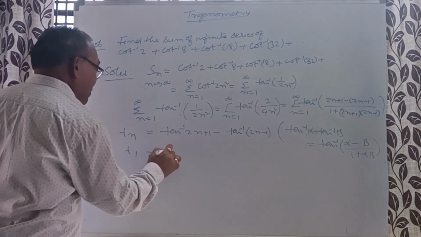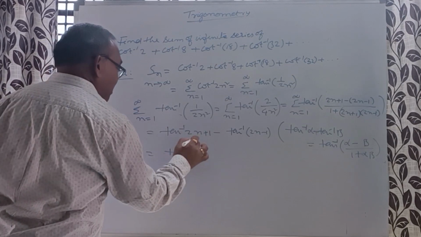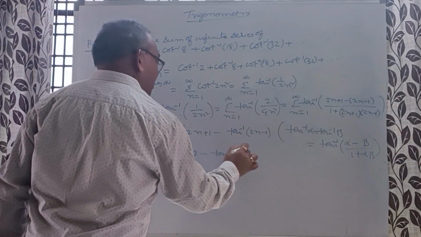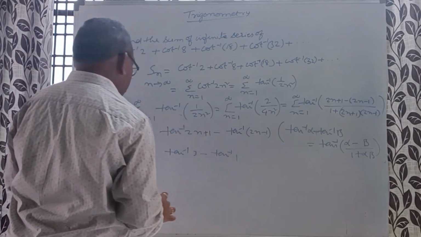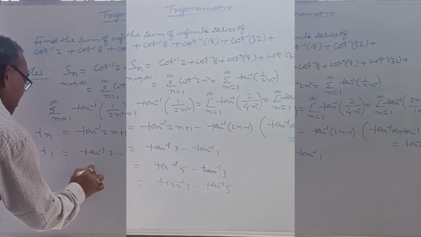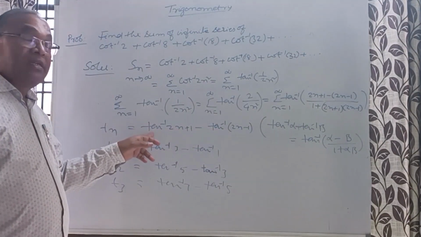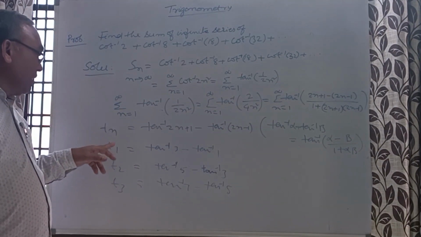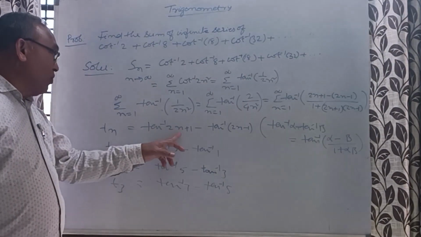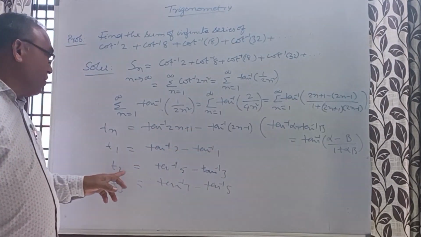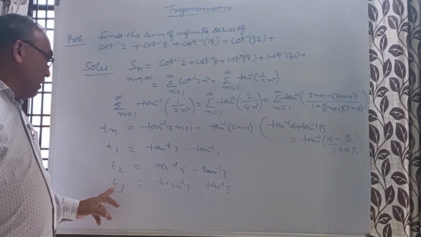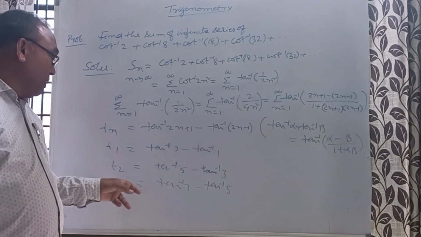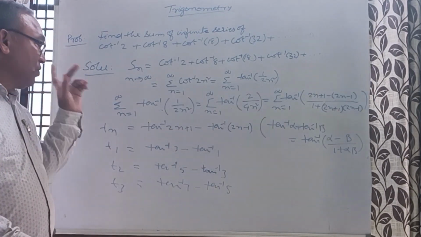T_n is the nth term of this series, so for T_1, instead of n you substitute 1 here and we will get this one. For n is equal to 2, substitute and we will get T_2. For n equal to 3, you put 3 here and we will get like this, and so on.